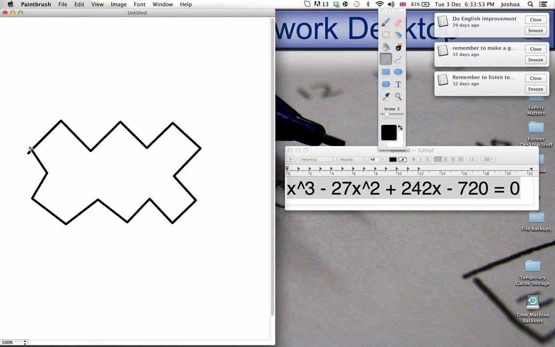There and about there. Now let's tidy this up because it's not quite accurate. Let's drag that along there. Center it a bit more. Get rid of that. Redo that bit. It should go about there.